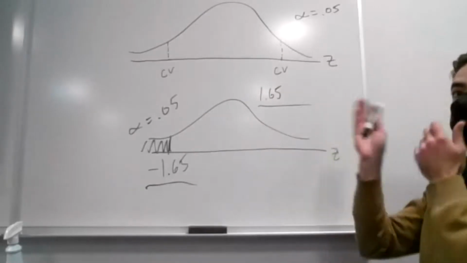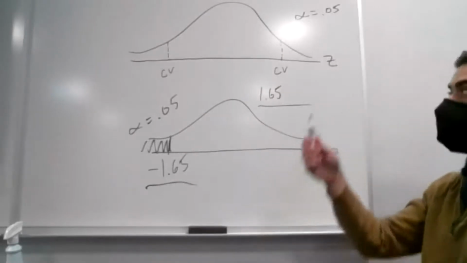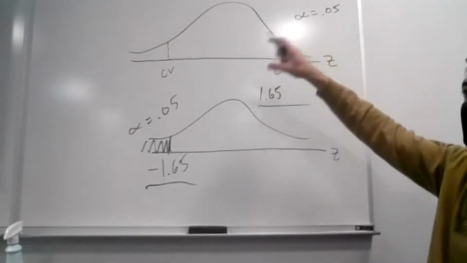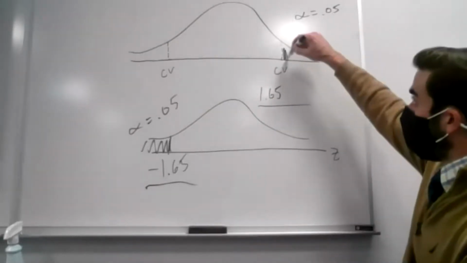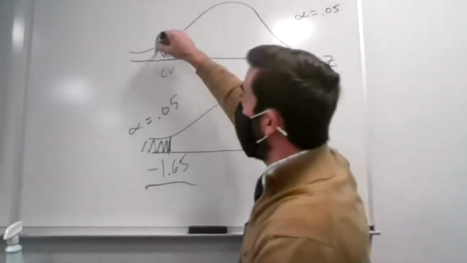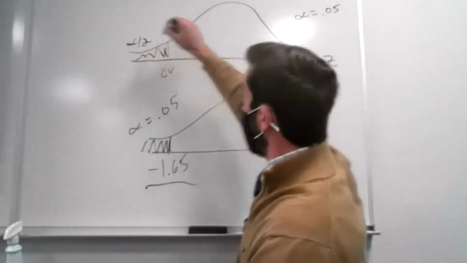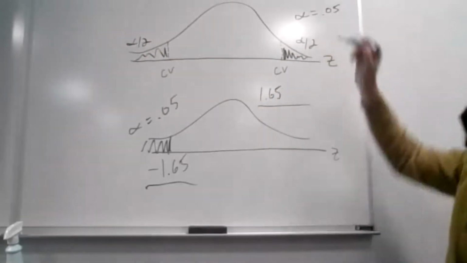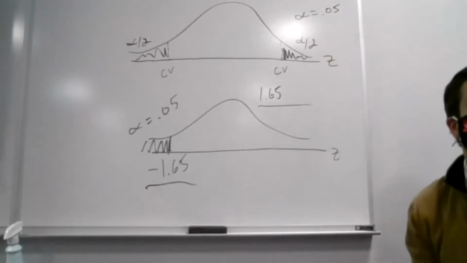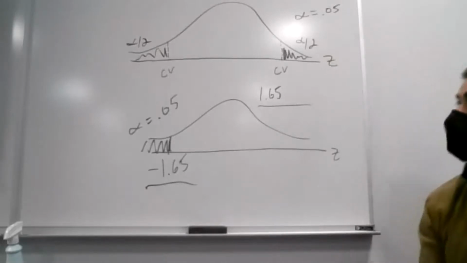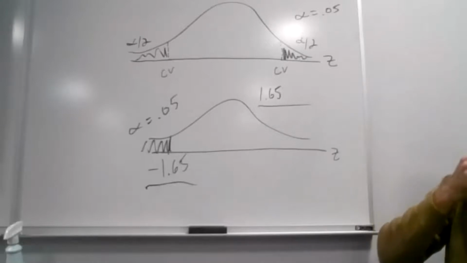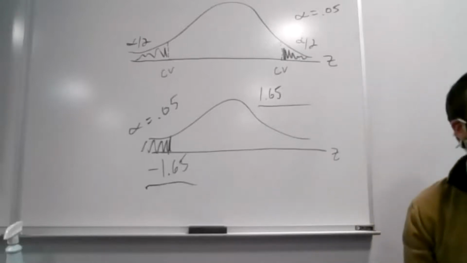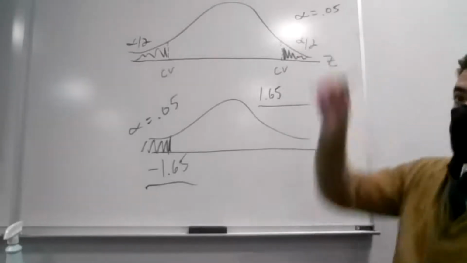Because evidence on either side went against the null. So now my alpha is the area in both of these tails. So how much is in each tail? Alpha over 2. And it starts to look really similar to what we were doing with confidence intervals, right? Because now when I take alpha divided by 2, the area that I look up in the table is alpha over 2. So let's say I did alpha as 0.05.